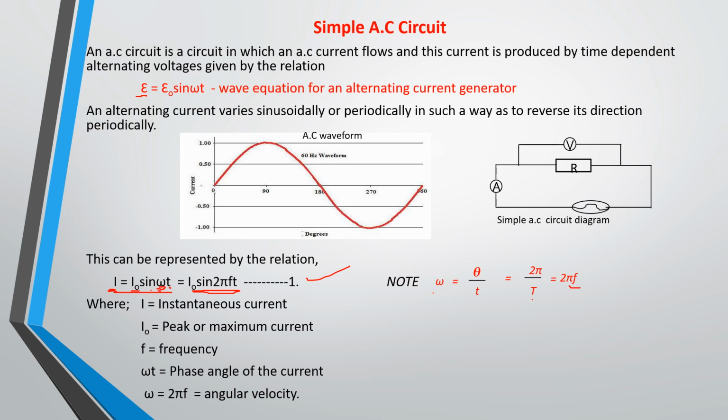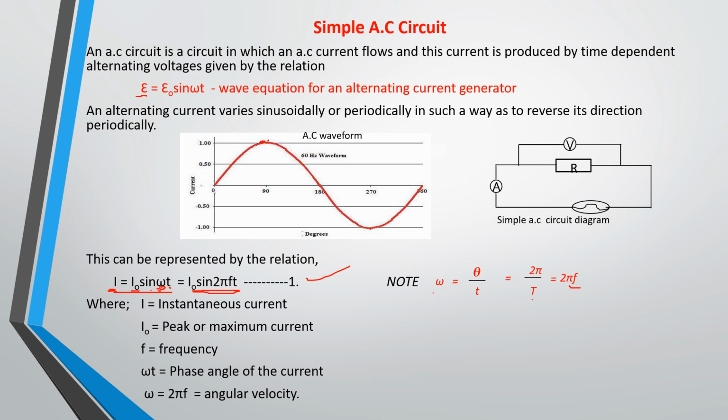So as I said before, this is the instantaneous current. This is the peak value of current, or maximum current. That is the current at this particular point. If you look at this waveform, this is the peak value, this is the maximum value, and this is the minimum value. The peak value of the current is given by I0.